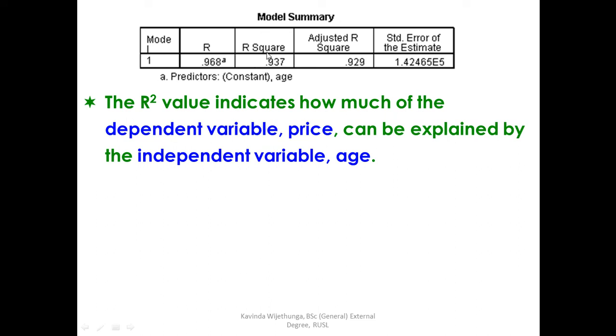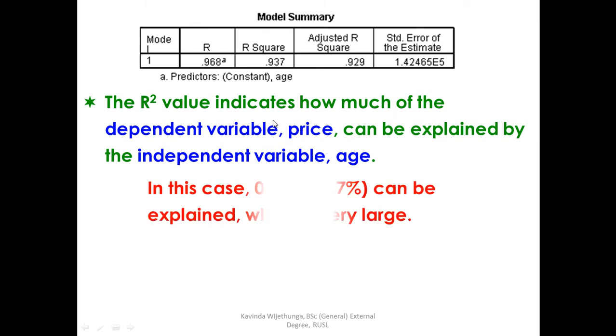Here that is 0.937, which means 93.7%. If it is greater than 80%, that is good. It means this is very well explained by the independent variable. So this is a very good model. In this case, 93.7% can be explained, which is very large. It means this is a very good model, right?